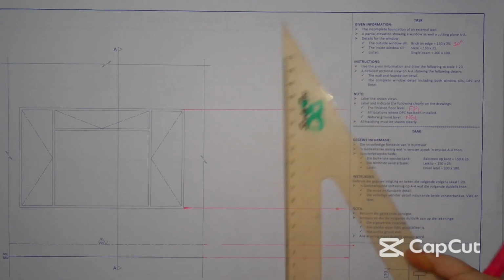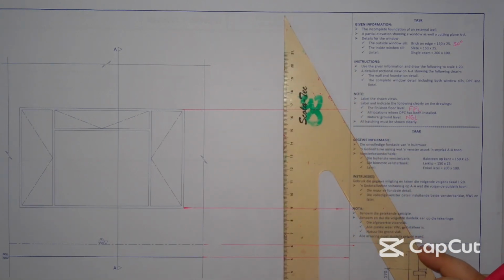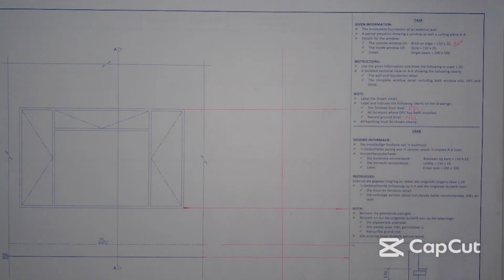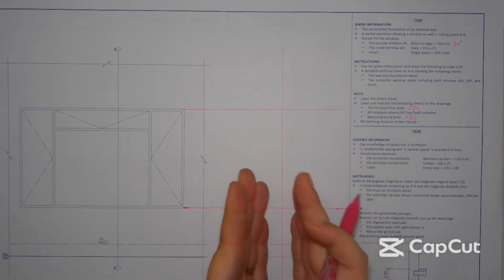Then I'm going to give myself a center line anywhere in the space, so that when I work, I know everything will be centered and neat. Then your whole sketch will move up.